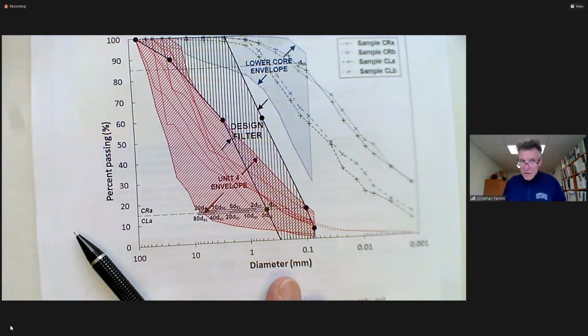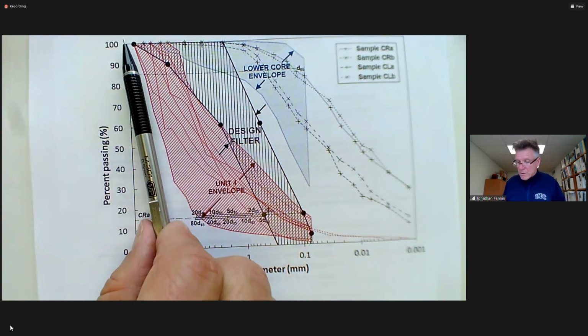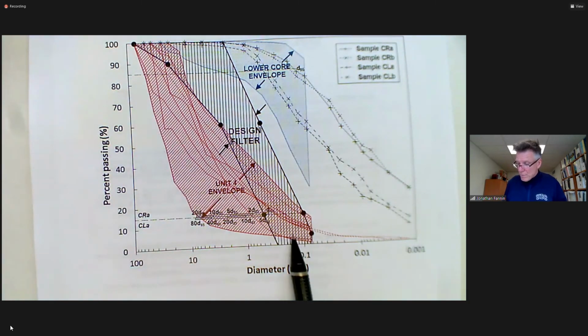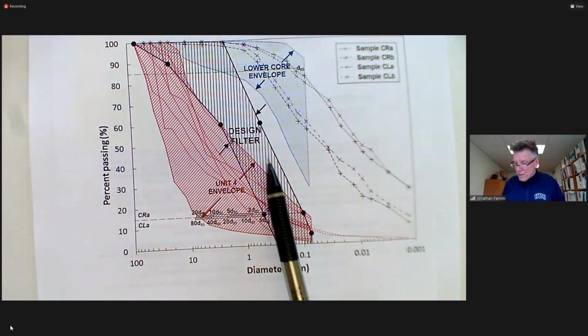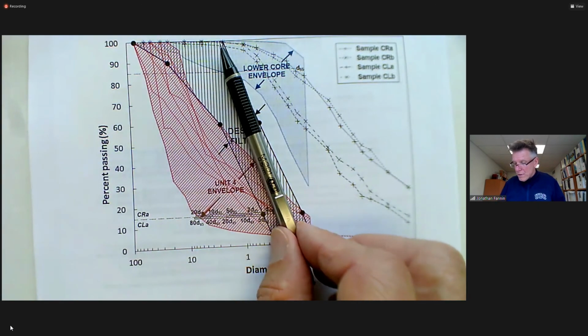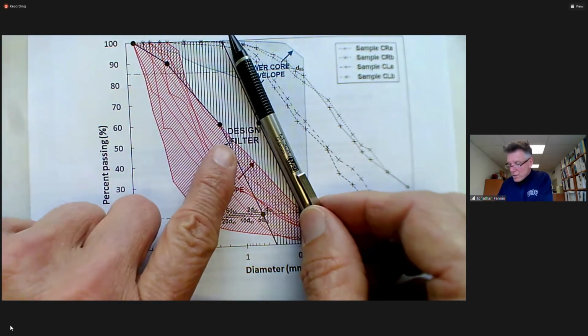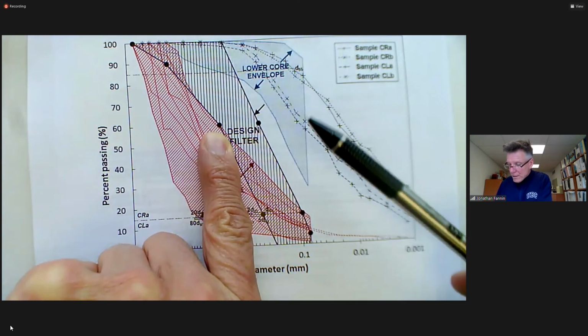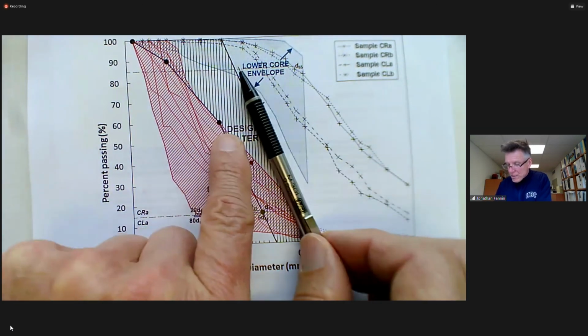And they serve various purposes: limiting maximum particle sizes for segregation, limiting fines content for cracking, soil retention and hydraulic permeability criterion. And then you don't want the range here to be too broad, otherwise you can get gap graded soils, so you adjust it a little bit.